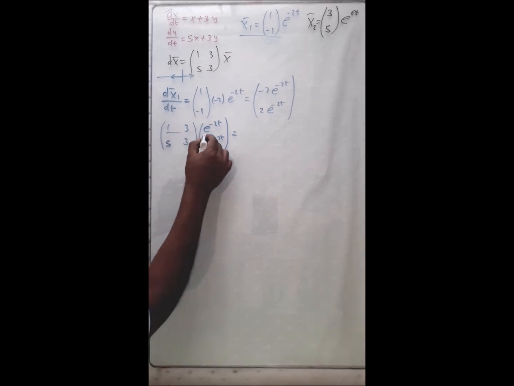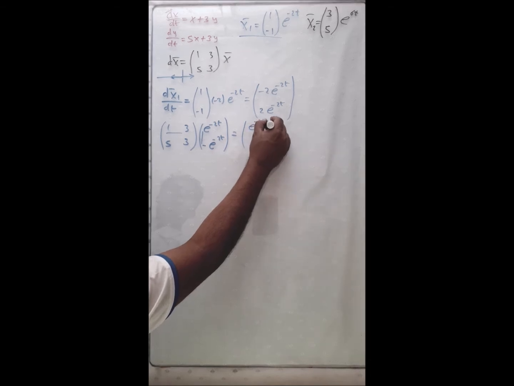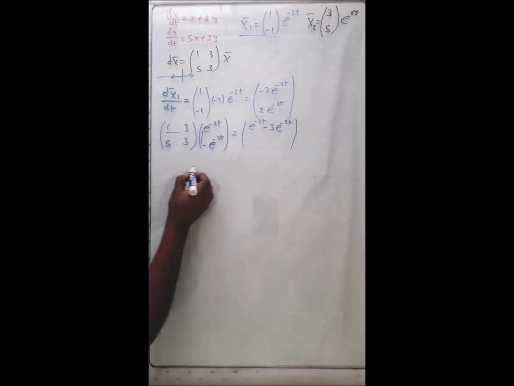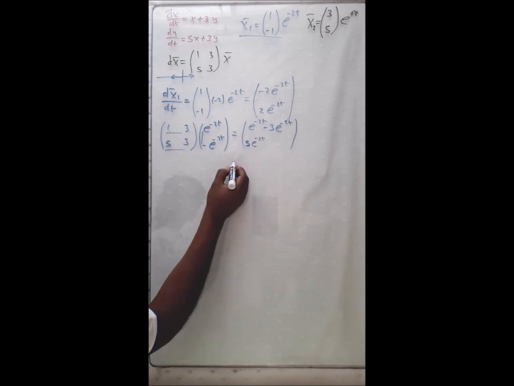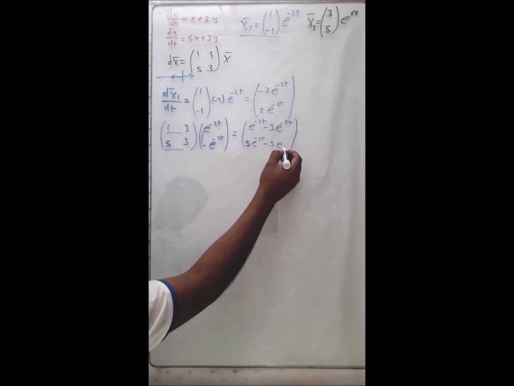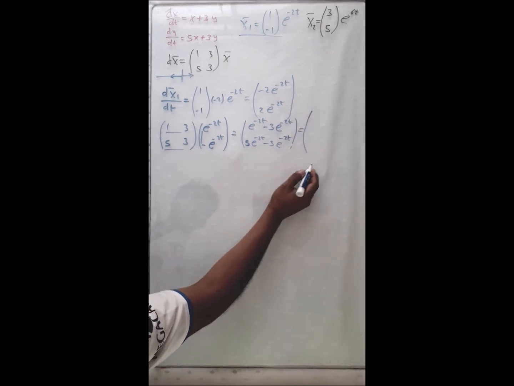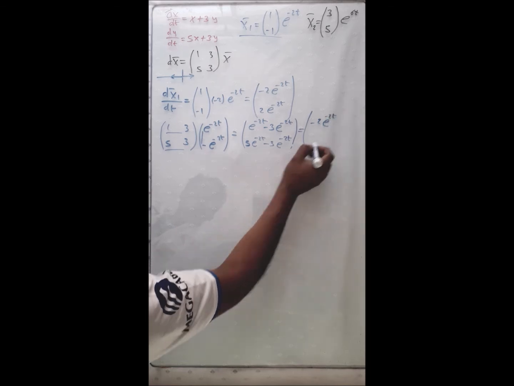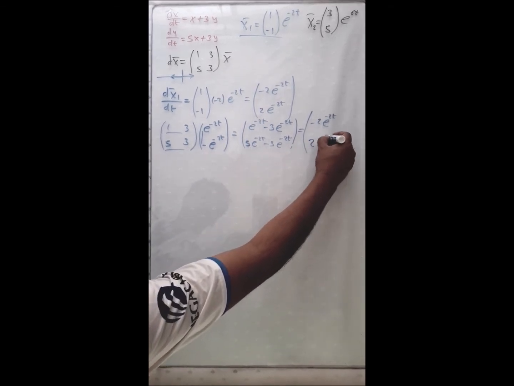This row times this column is going to be exponential of minus 2t minus 3 exponential of minus 2t. And then this row times this column, 5 exponential of minus 2t, and then minus 3 exponential of minus 2t. So what is the result of this? 1 minus 3 is minus 2 exponential of minus 2t, and then 5 minus 3 is 2 positive, 2 exponential of minus 2t.